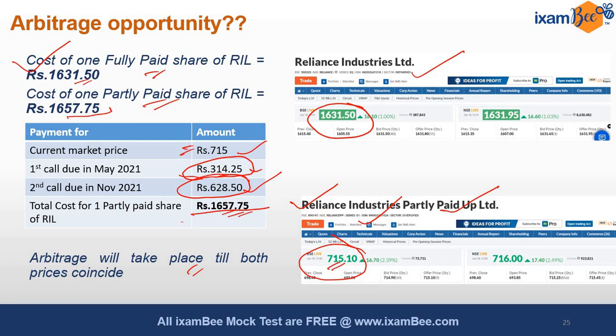By investing only 715 rupees, you are going to be an owner, and the remaining amount you are going to invest later. So we are not calculating the time value of money here. If you calculate the time value of money, then the calculation will change. Then only you will find whether the actual arbitrage is there or not. And also, today I do not have derivatives on this to short. If that comes, then this arbitrage opportunity will completely go.